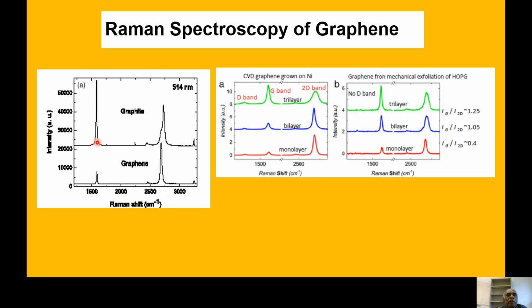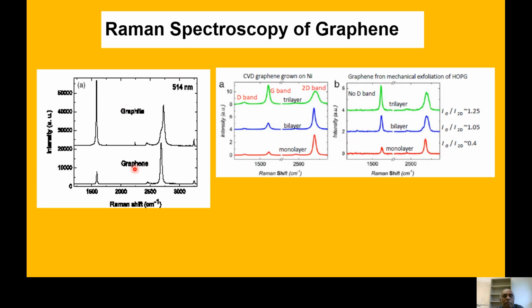That is very sharp and strong. Then we have the D band I was talking about, the disorder band, that's coming around 1300. The second-order band of that disorder band is coming around 2600 here. This is taken with a laser wavelength of 514 nanometers.